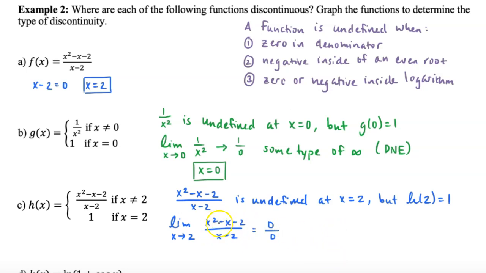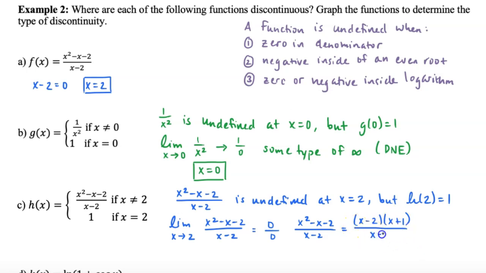I see a numerator that can likely be factored, and so I'm going to try to factor this numerator. I'm going to say that x squared minus x minus 2 over x minus 2 can be written as, I'm going to break this up into 2 factors. Since this is a trinomial, the first term in each of my factors is going to be x, and then I'm looking for 2 numbers that multiply to give me negative 2 and add to give me negative 1, and those numbers are negative 2 and positive 1.